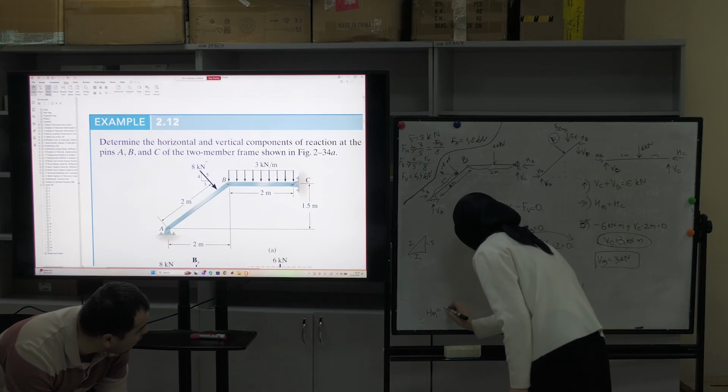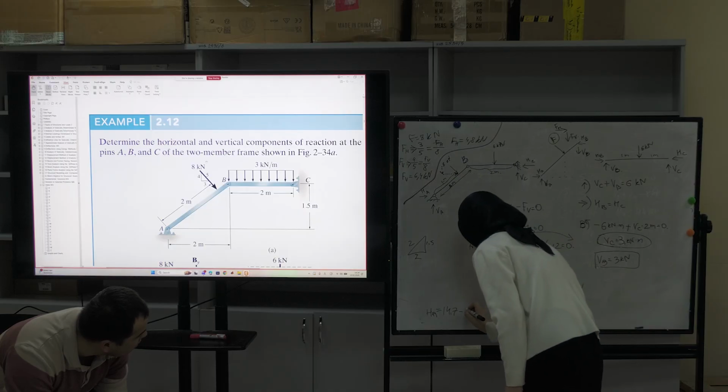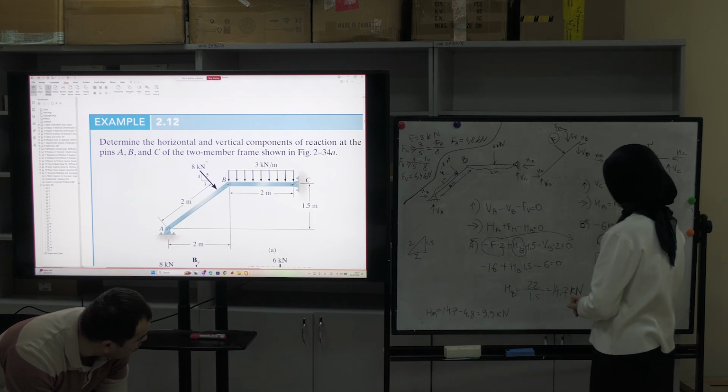HB is known, HA is equal to HB minus FH. FH is 4.8. Is equal to 9.9 kilonewtons. Okay, good.